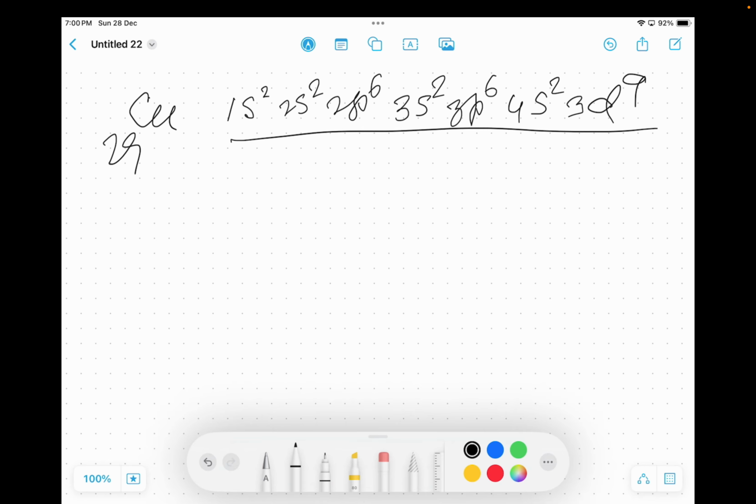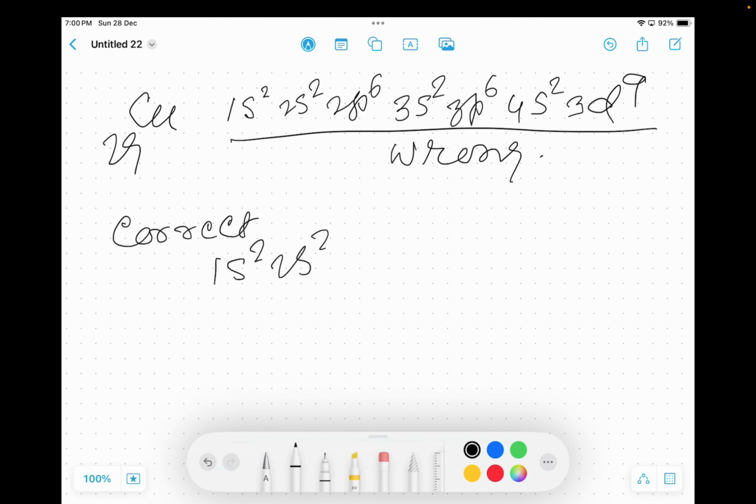But it is not correct. Wrong. Correct is 1s2, 2s2, 2p6, 3s2, 3p6, 3d10, 4s1.